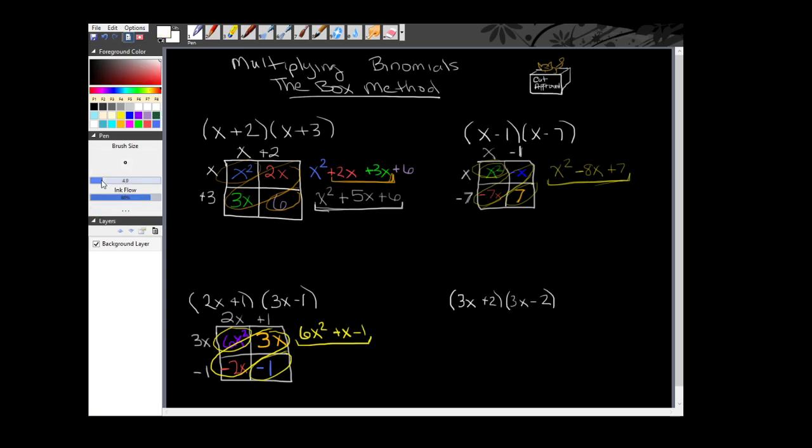Now this final example is one that is very common in factoring. And it's a pattern that you should start looking for. This is a concept called conjugates.